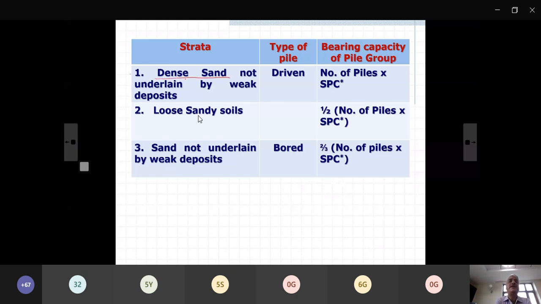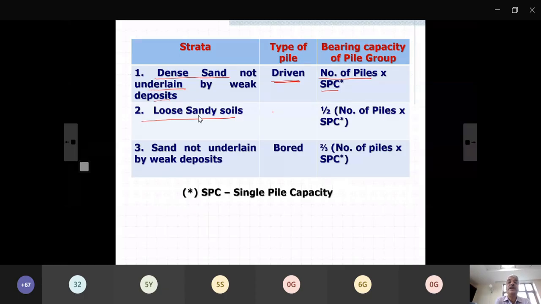For dense sand not underlain by weak deposits, meaning it is not that dense sand is on top and weak layers are below, if the pile is driven, then your bearing capacity is number of piles times single pile capacity, no reduction. If it is loose sandy soil and a driven pile, then the efficiency factor is 0.5 times number of piles times the capacity of an individual pile.